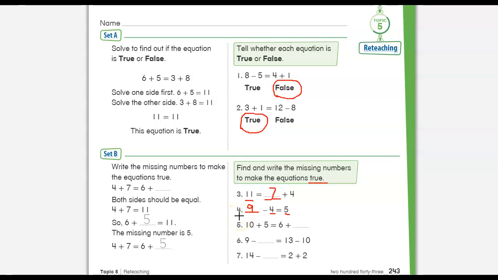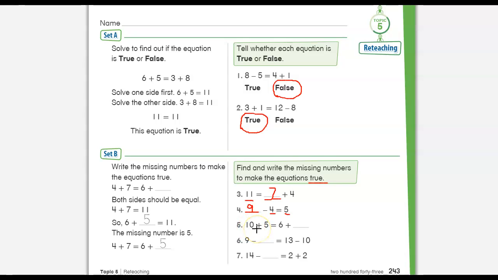On number 4, it gave us the answer of 5. So we knew that whatever number we subtract by 4 would have to equal 5 as well. So 9 minus 4 is equal to 5.